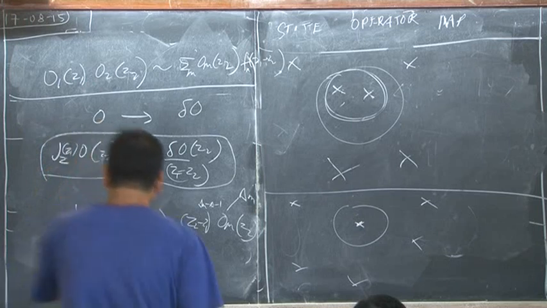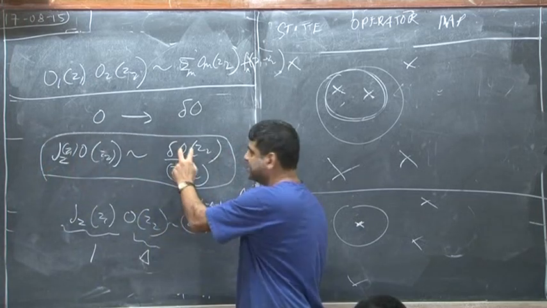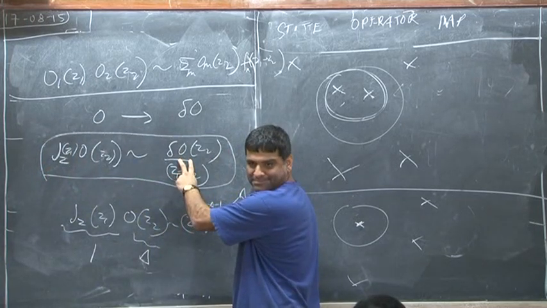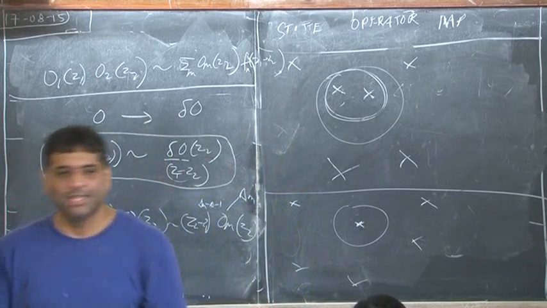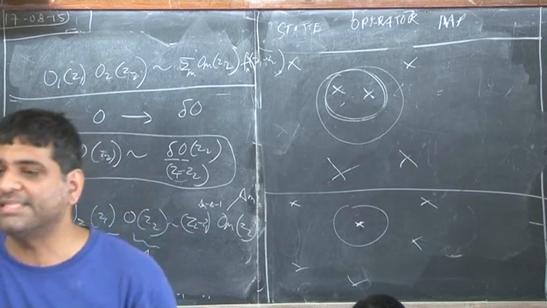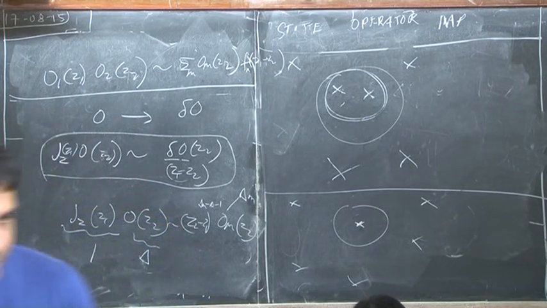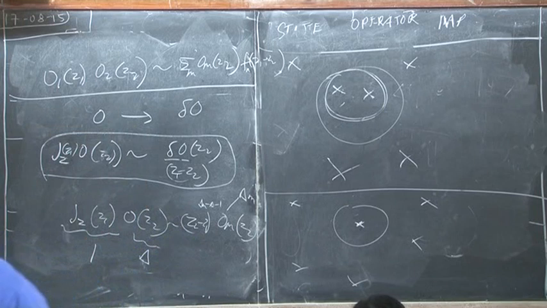Is this clear? So it's telling you about one of the possible singularities in the operator product expansion between J and J.